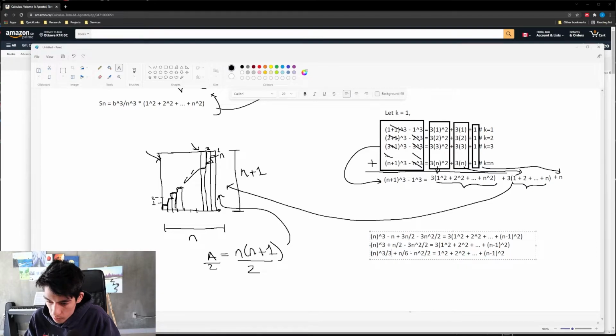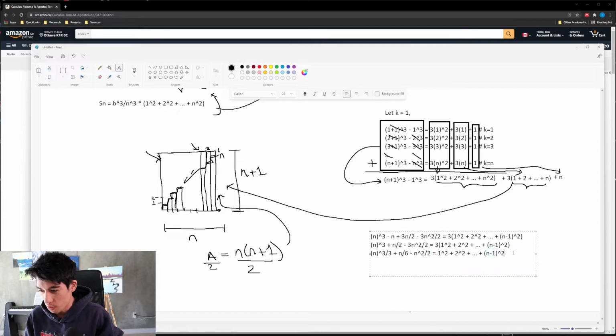So now we have a formula which says that this is equal to the sum of squares all the way up to n minus 1. There's actually a really easy way to extend this formula to n squared, and it's by adding n squared to both sides.